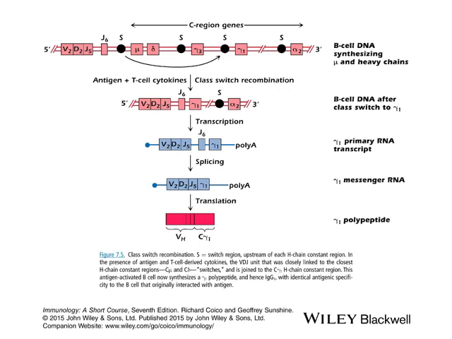So this process where we switch to gamma 1, and all the steps until we get the gamma 1 polypeptide, which is the heavy chain, with of course the variable region that is antigen specific, the whole sequence is termed class switching.